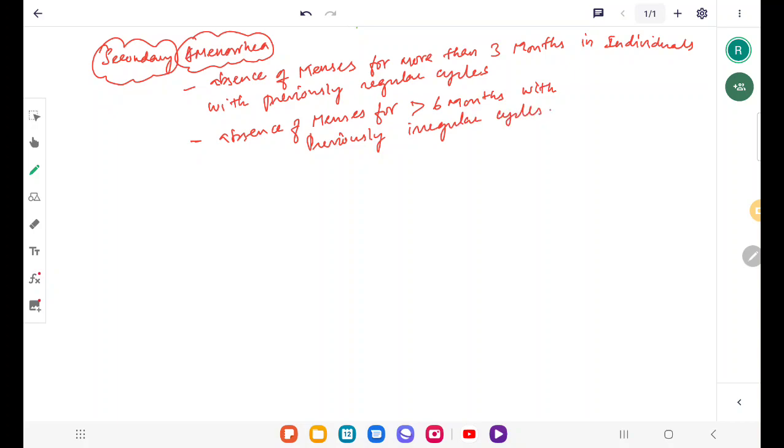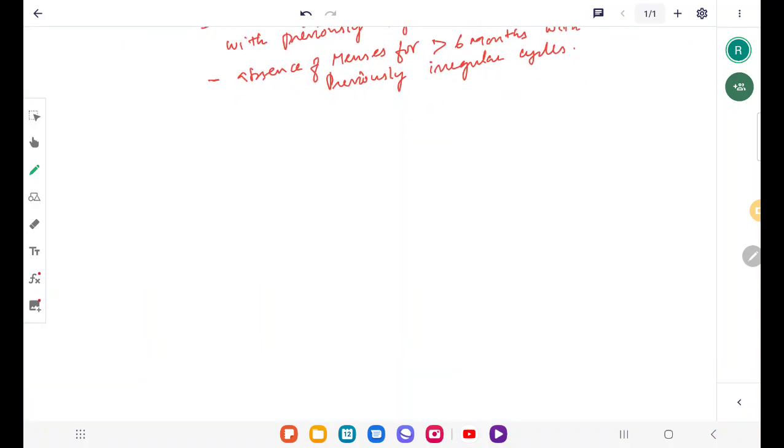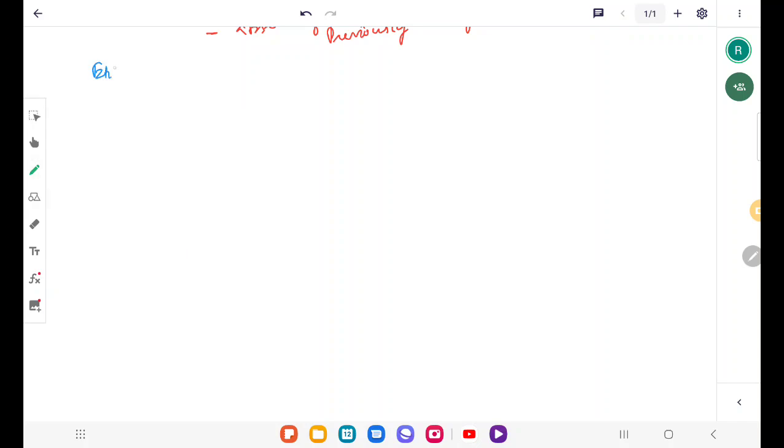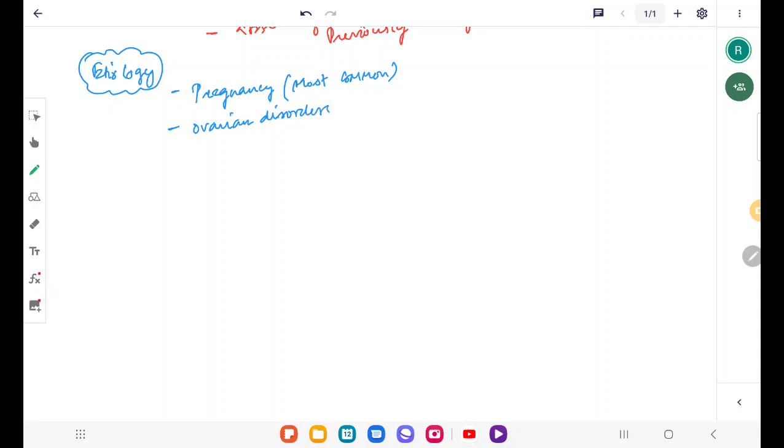Alright, so speaking about the etiology or the causes of secondary amenorrhea, the first one is pregnancy. So pregnancy is the most common cause. It could be ovarian disorders such as premature ovarian failure, or it could be polycystic ovarian syndrome.